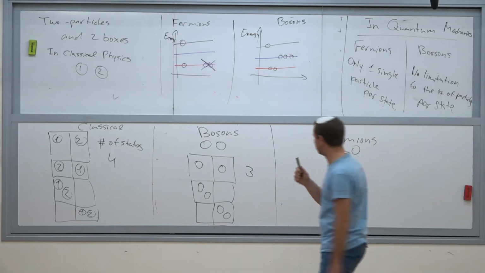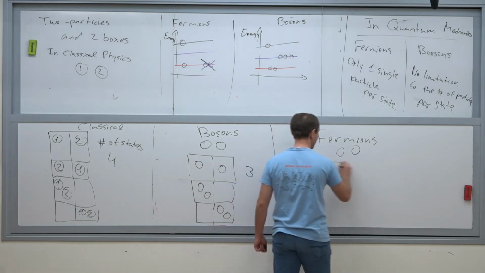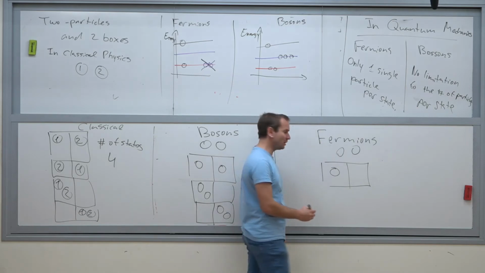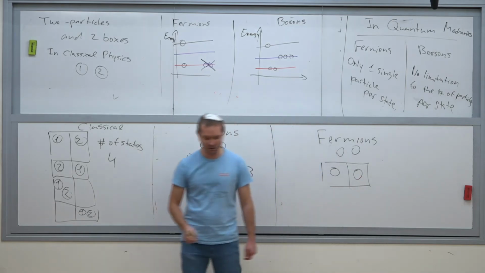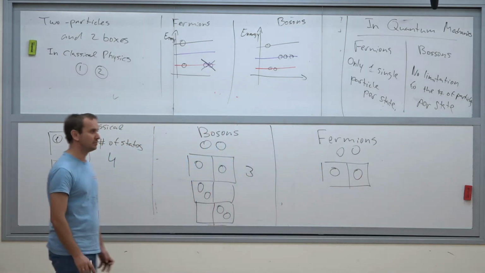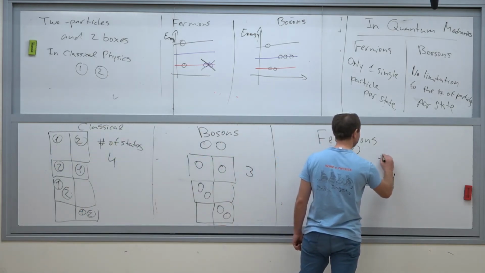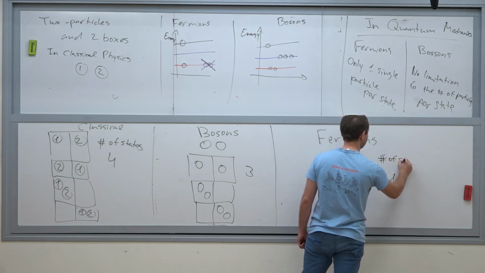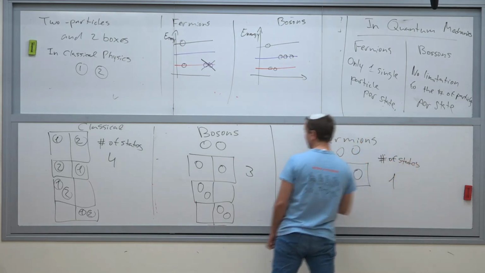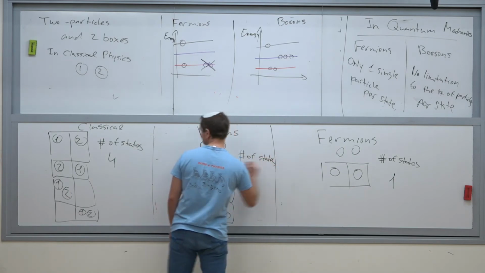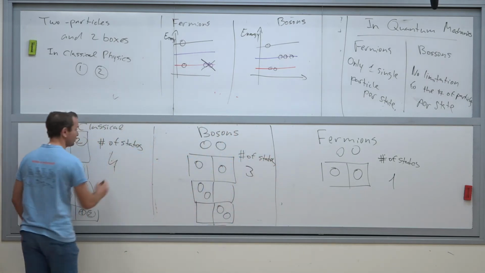In quantum mechanics, I can have one particle in one box and the other particle in the second box, and that's it. So the number of states is 1. For the classical case, the number of states is 4.